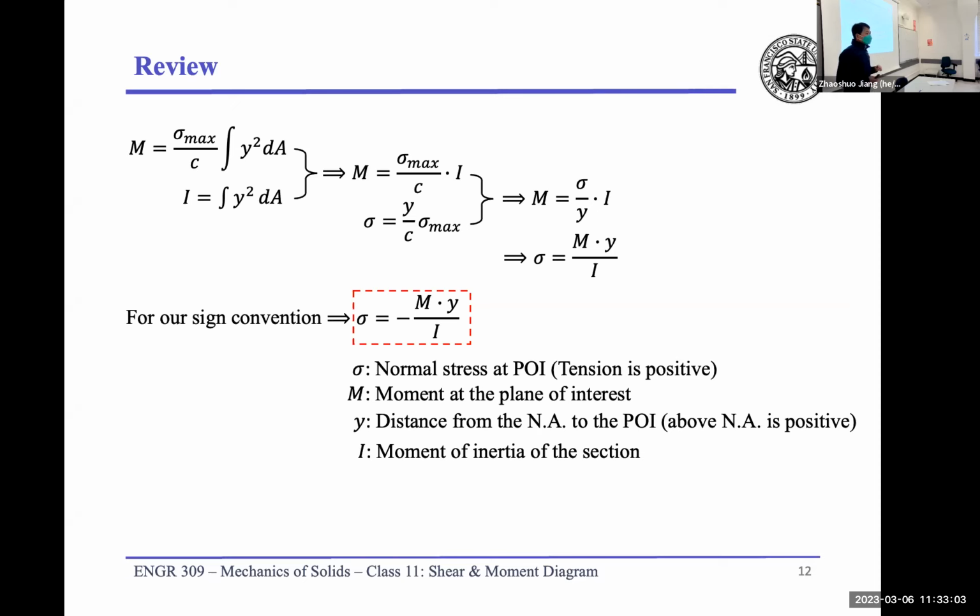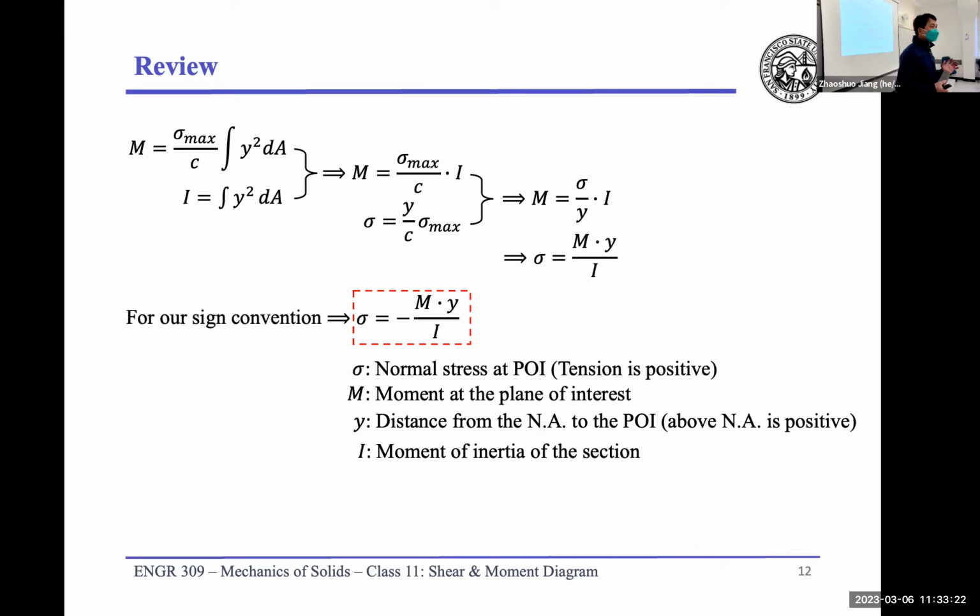If your normal stress is negative, that means it is in compression. That can be used as a check later on to see if your answer is correct or not, which we're going to discuss later on. All right, that is our normal stress.